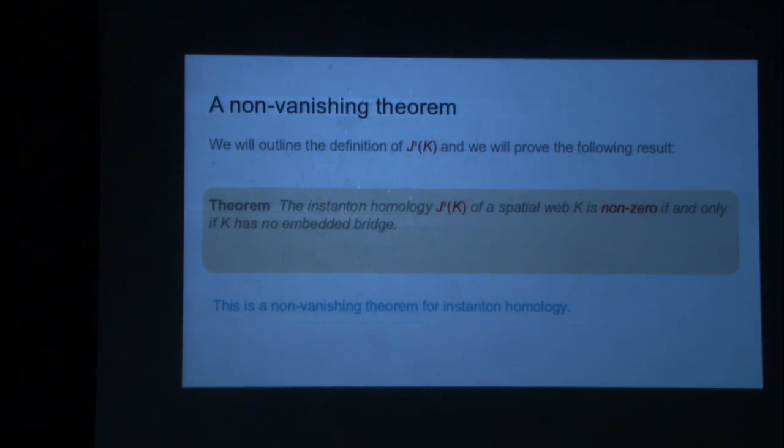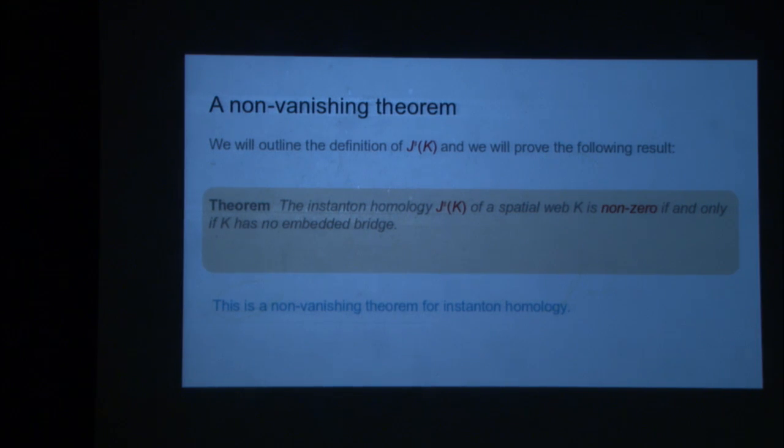So I'll outline the definition, and then after some other discussion, I will close this talk with an outline of the following result, which is the main result we have about this instanton homology. The main result about the instanton homology of a spatial web is that it's basically always non-zero, the exceptions being if there's an embedded bridge.